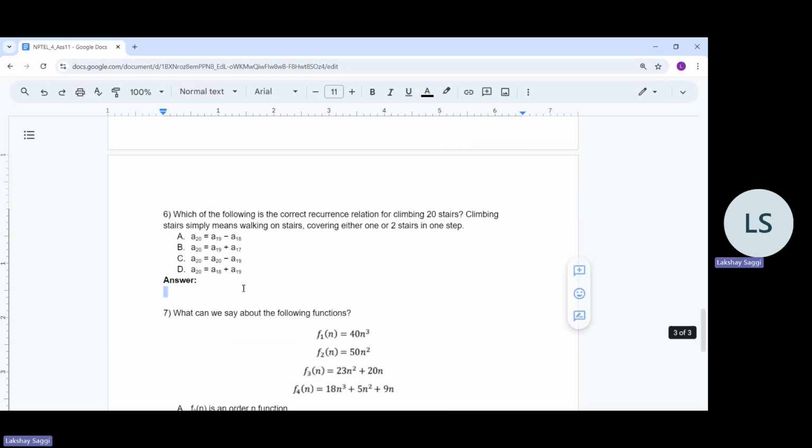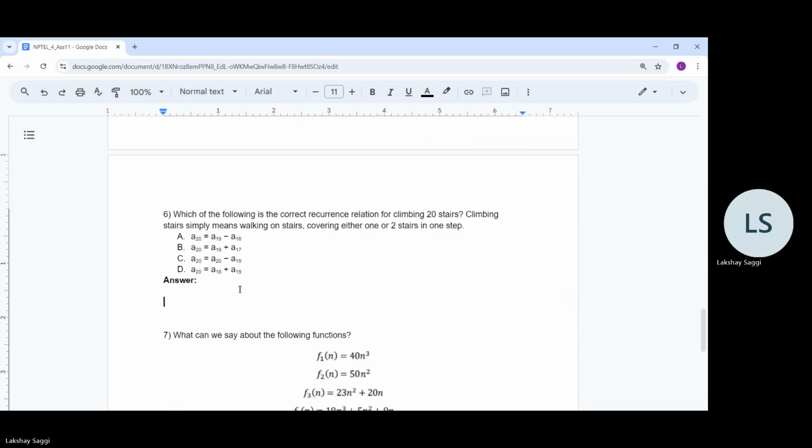Now let's move on to the sixth question. The sixth question says: which of the following is the correct recurrence relation for climbing 20 stairs? Climbing stairs means walking on stairs, covering either one or two stairs in one step. This problem has already been discussed in the lectures.